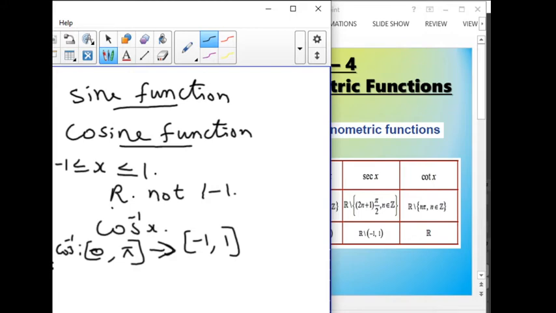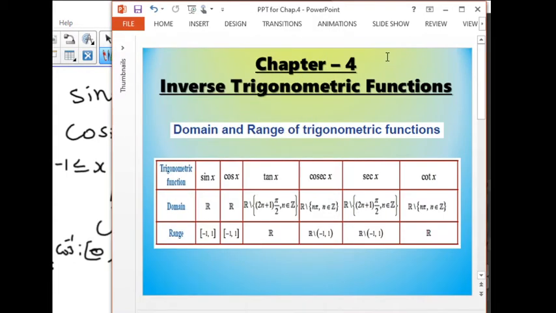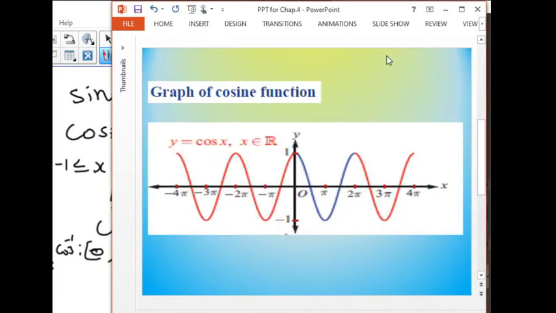So now how to draw the cosine curve? So see here, cos curve. Cos 0 is 1, therefore it goes up.